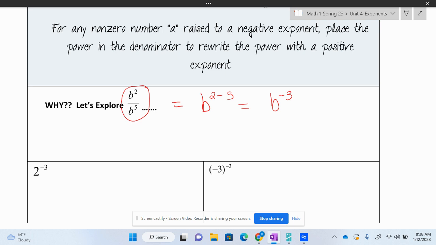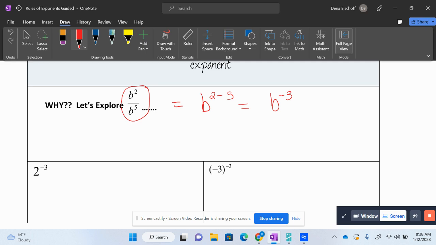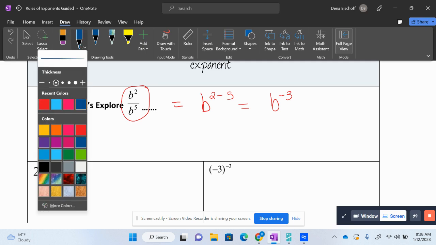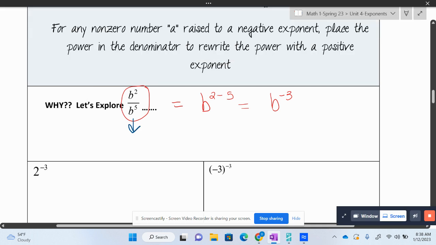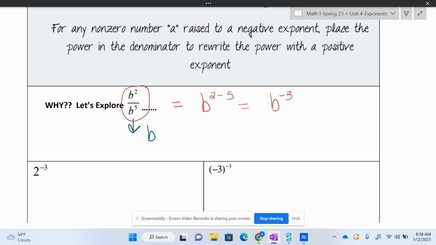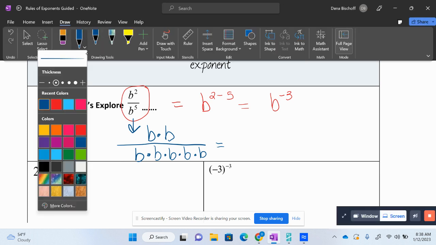It's just gross, right? Well, if I were to expand this like we were learning before, b squared is b times b, and b to the 5th is b times b times b times b times b. And remember I said if you have the same term in the top and in the bottom, you can take one away.